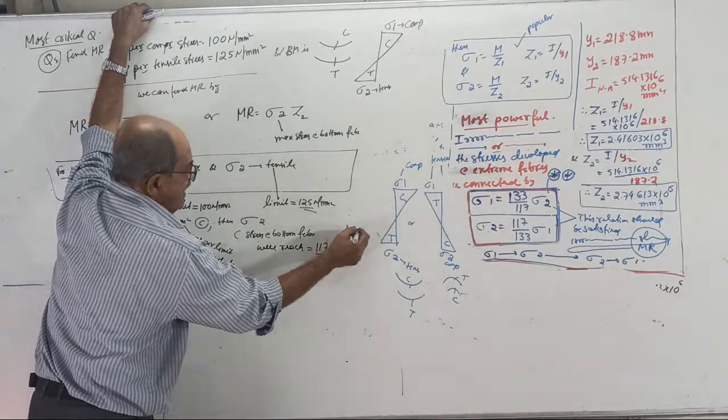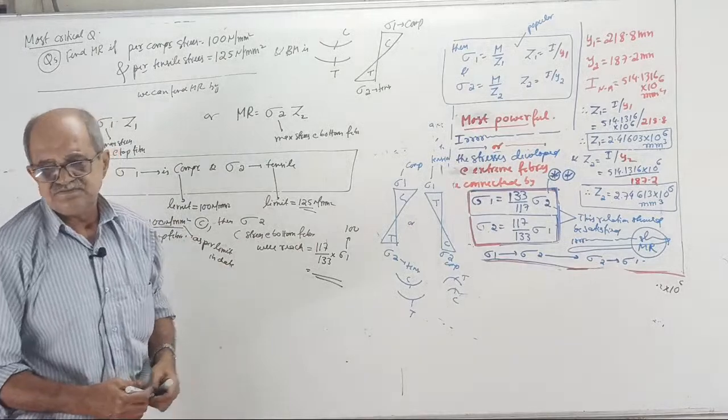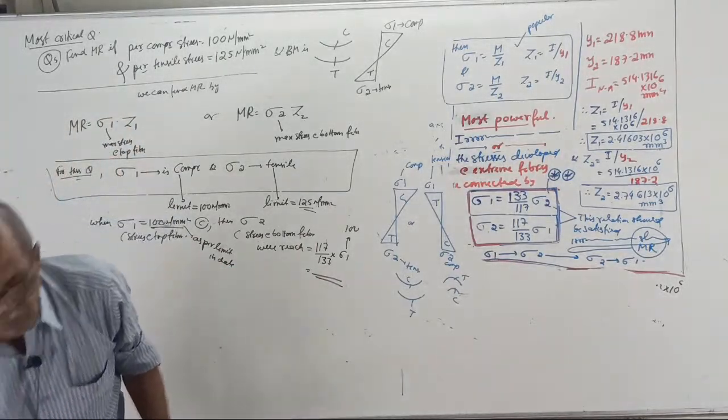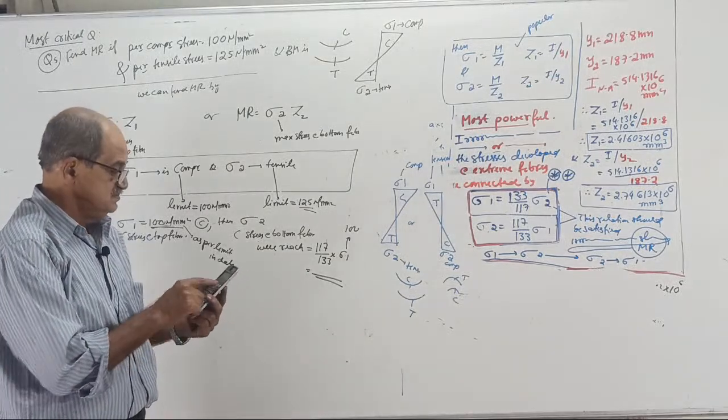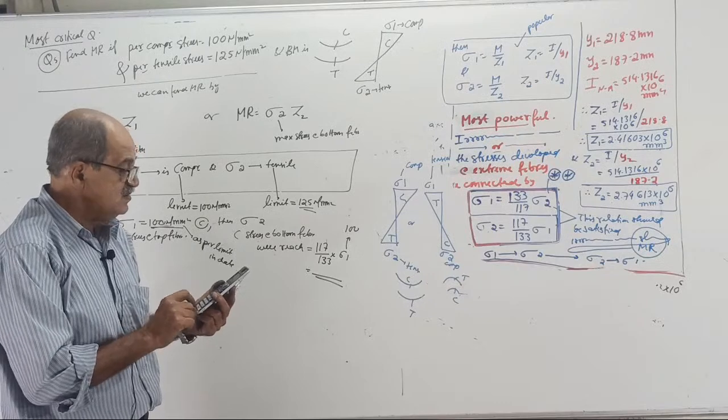Sigma 1 is 100. Tell me this answer fast, with a little more accuracy: 117 by 133 into 100.